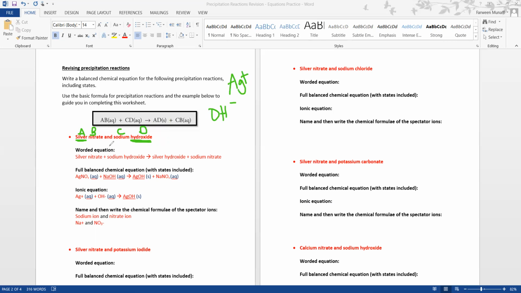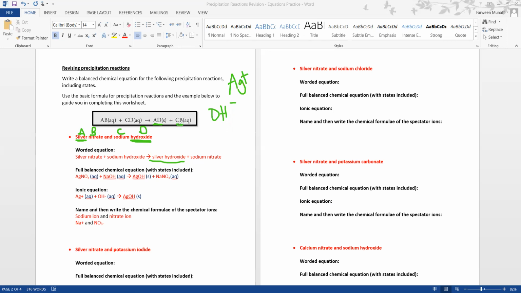We call it double displacement. There's a swapping of the substrates here. So silver hydroxide, as per our formula, whatever precipitate will form will be A and D, and they'll combine together. In our case, A is silver and D is hydroxide. So that's how we came up with silver hydroxide as the first product that's formed, plus CB.